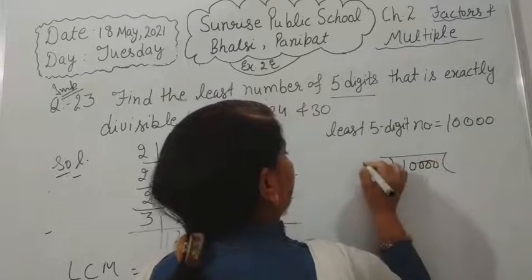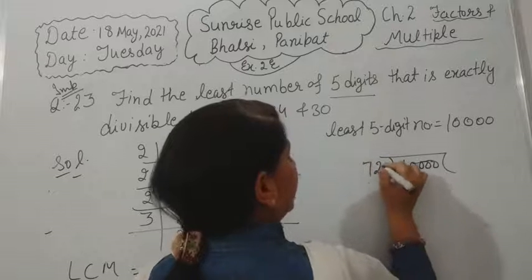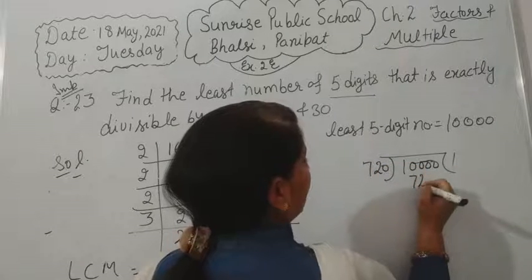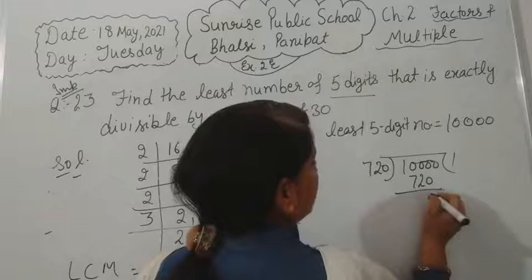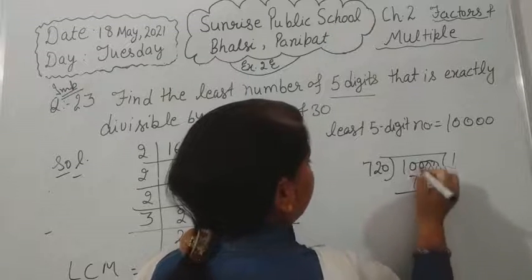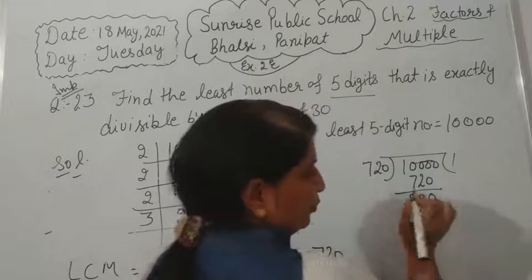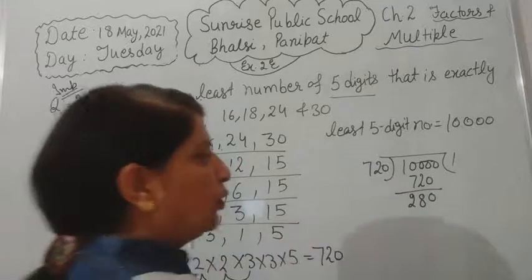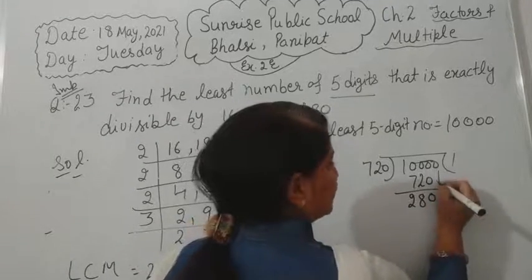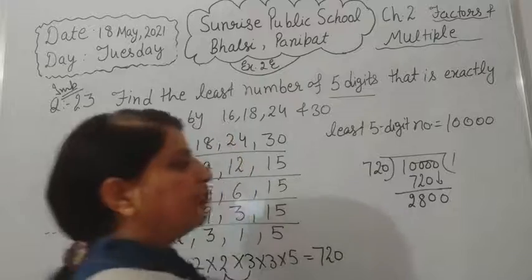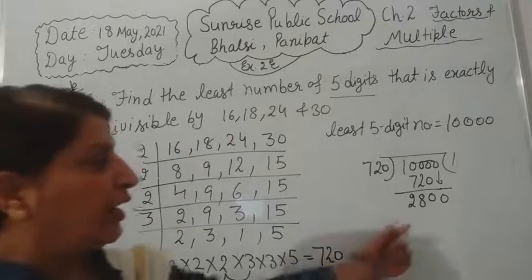So we start to divide the number. 10,000 divided by 720. 1 times 720 as it is, 0, 10 minus 2, 8 and 9 minus 7, 2. Now this 0 comes down and the number becomes 2800.